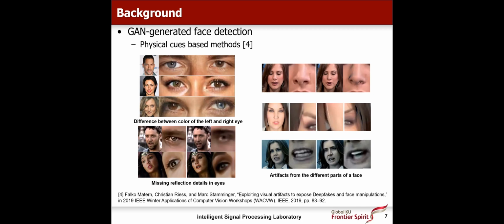For example, some papers use the different colors of the two eyes to detect fake human faces. Some use the missing reflection details from the eyes. Some use artifacts from different parts of the face.